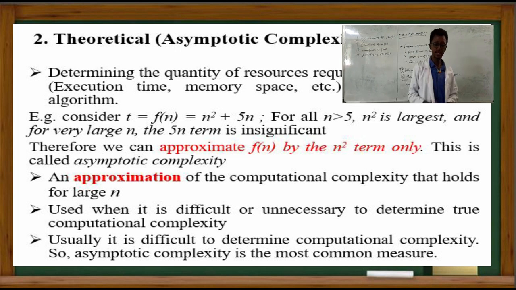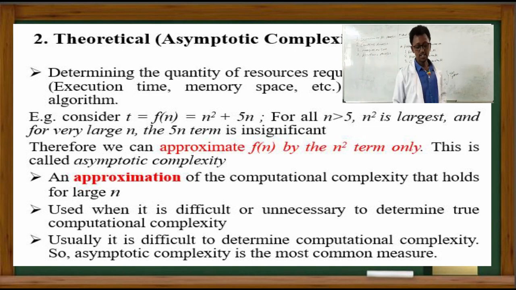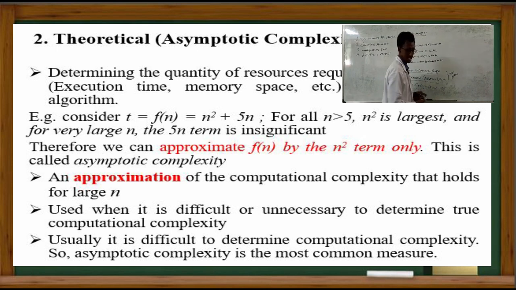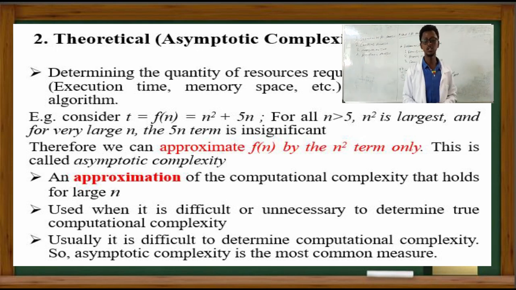What will be the amount of time required to compute this operation? For very large n, the 5n term becomes insignificant in computing the algorithm's cost. Therefore, we can approximate f(n) by the n squared term only. This is called asymptotic complexity analysis, used to measure the time required for a given algorithm.